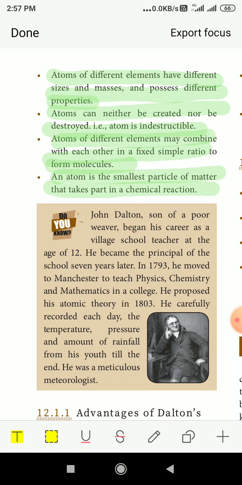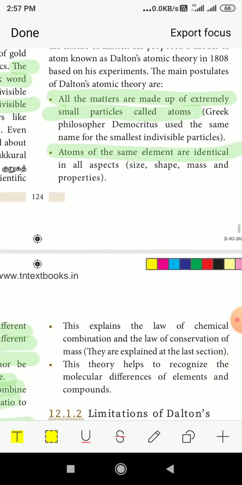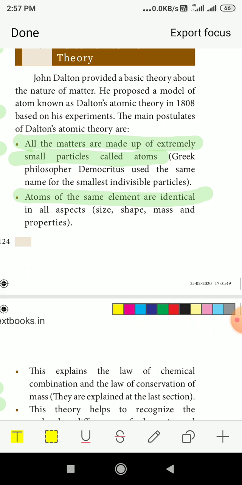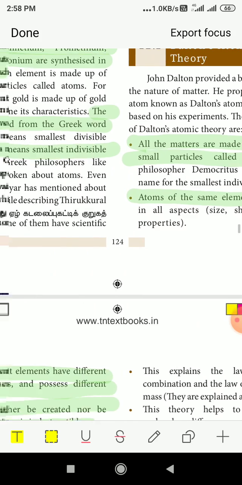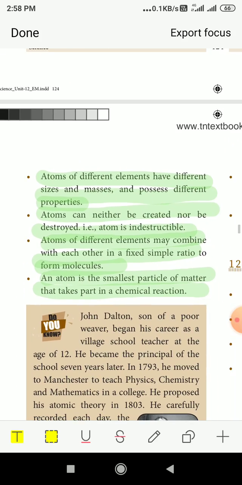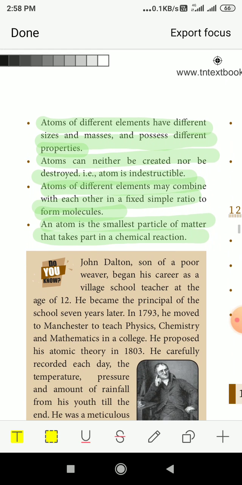Let us recapitulate. All matter is made up of extremely small particles called atoms. Atoms of the same element are identical in shape, size and mass. Atoms of different elements have different sizes, shapes and masses.